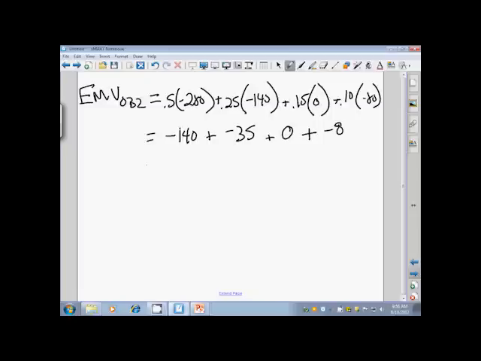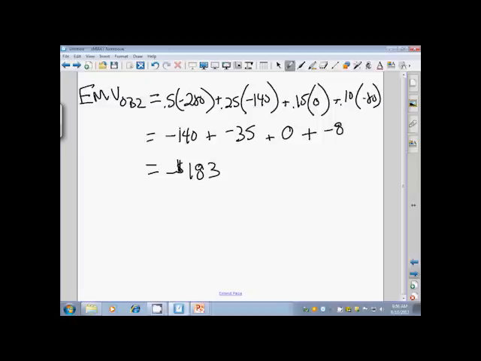If I added up my -140, -35, 0, and a -8, I got a -$183. So we've got our expected monetary values for overbooking 0 rooms, overbooking 1 room, and overbooking 2 rooms.